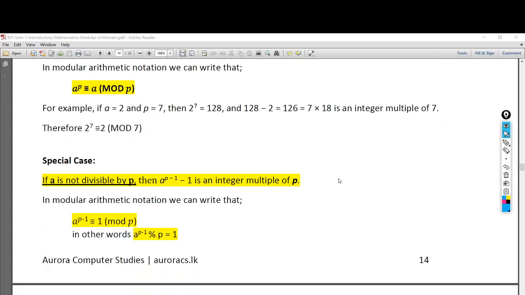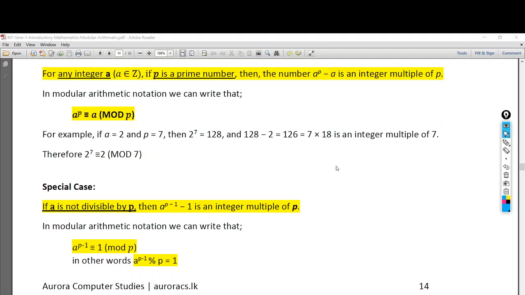So there is a special case of Fermat's little theorem as well. That is, if a is not divisible by p, so there's another extra condition, then we can say a to the power p minus 1 is an integer multiple of p.